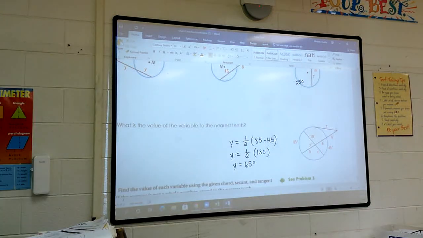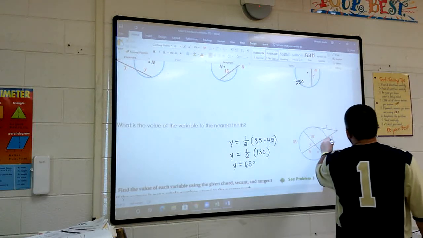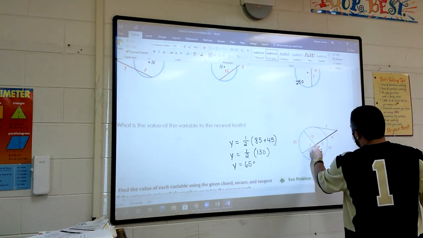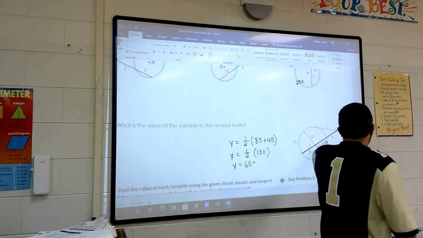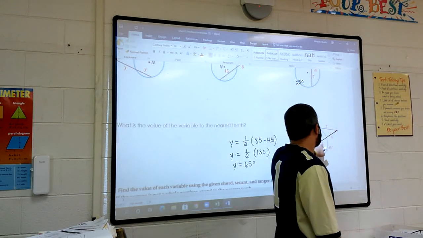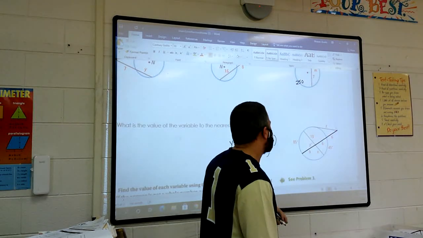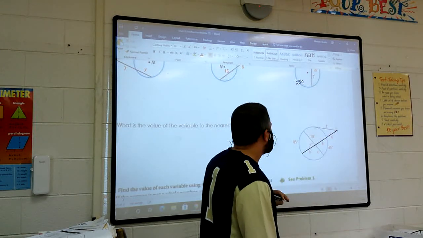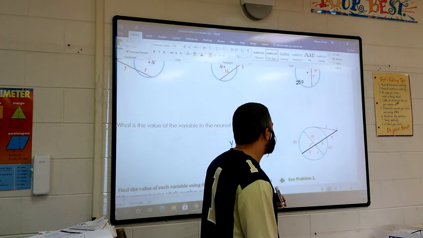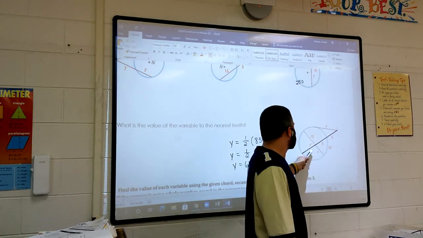All right. Now, let's look at the second part, which is z, for instance. So z is this line inside the circle. How much is it all the way across? Think about it. Just the part inside the circle, how far is it? 15.